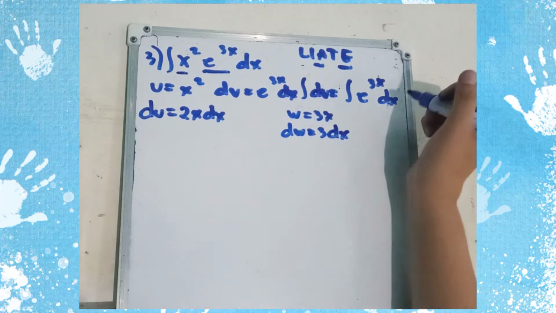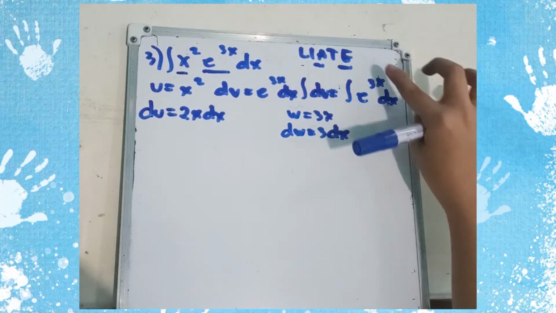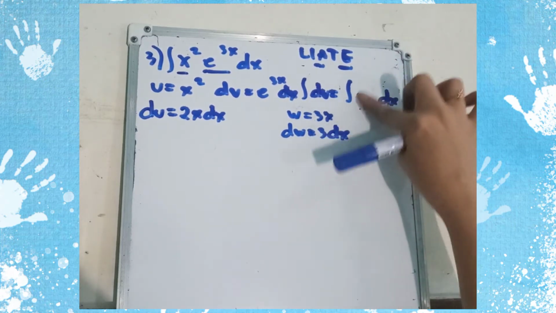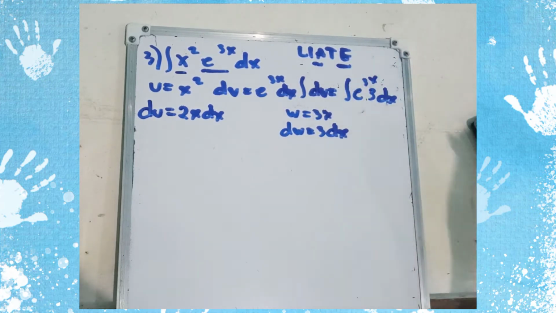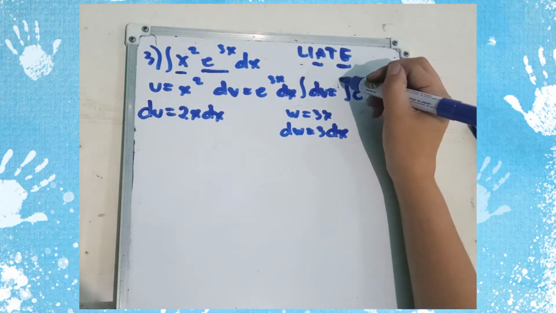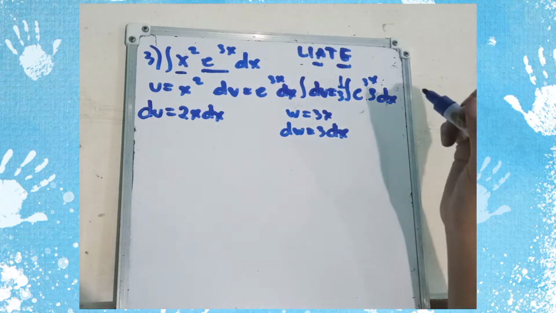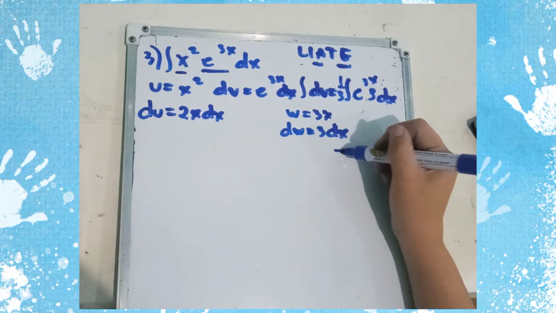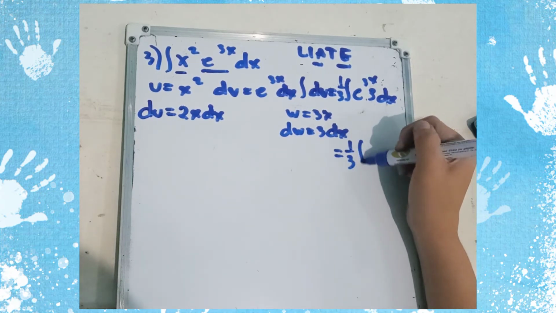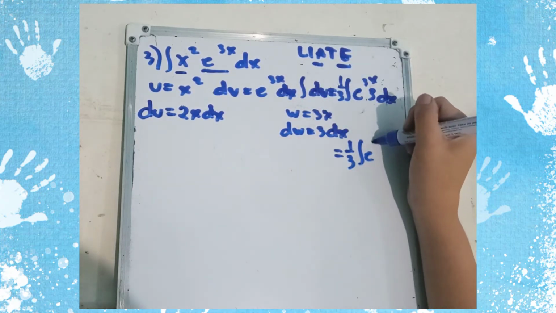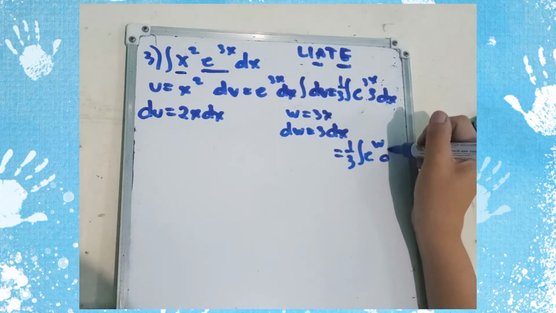But since we only have dx here, as I have taught you before, we can actually put 3 here, but to offset we can put 1/3 here. So the integral is 1/3 integral of e to the power of w, since 3x is w and 3 dx is dw.